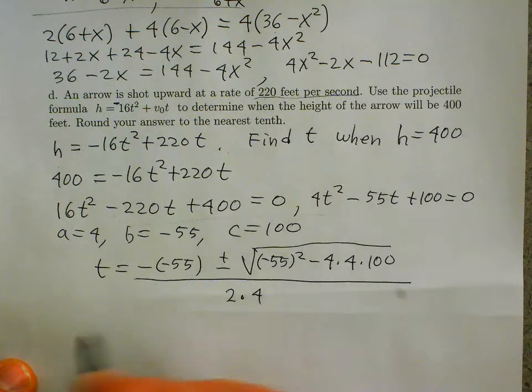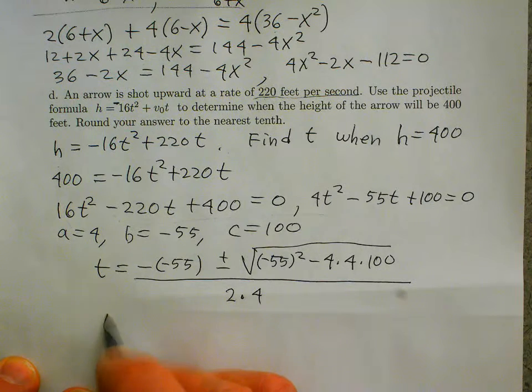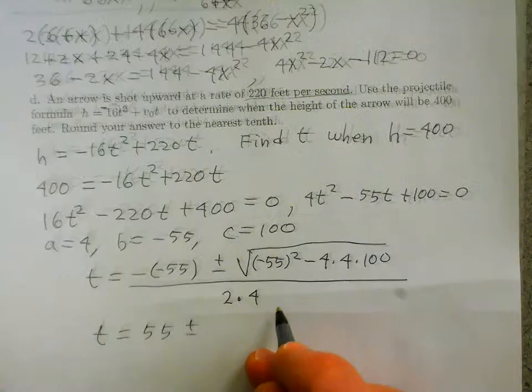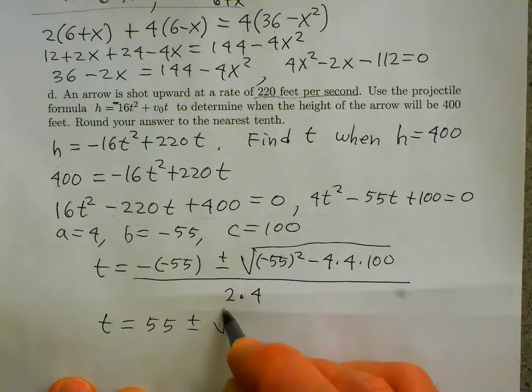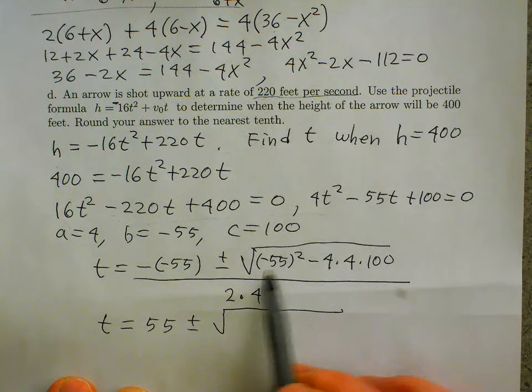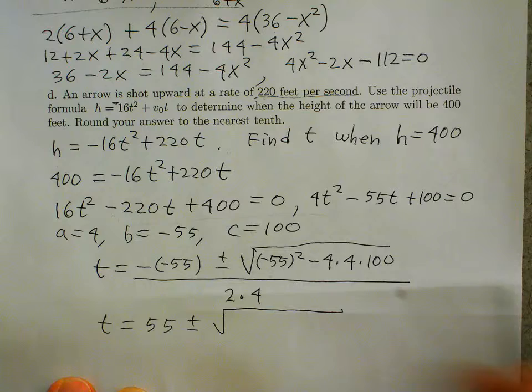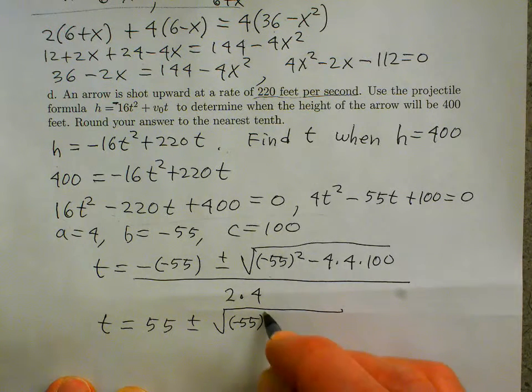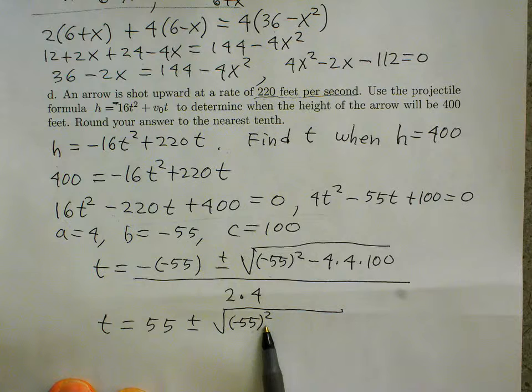Okay, so I'll take it a little bit further and then leave the rest of it for you to do. The negative of negative 55 is 55, and then plus and minus the square root of this number, negative 55 squared. Well, I'll leave that for you to do with your calculator.